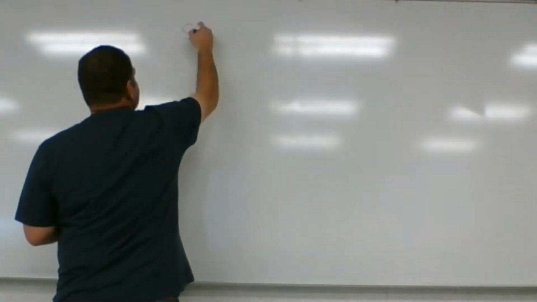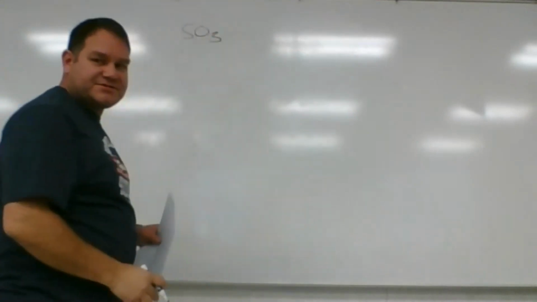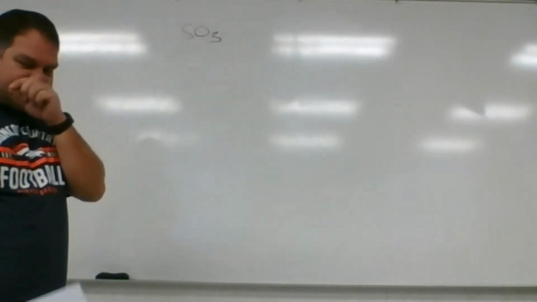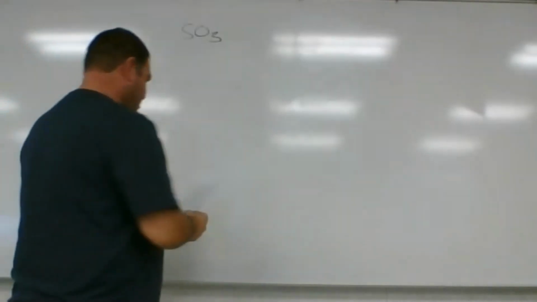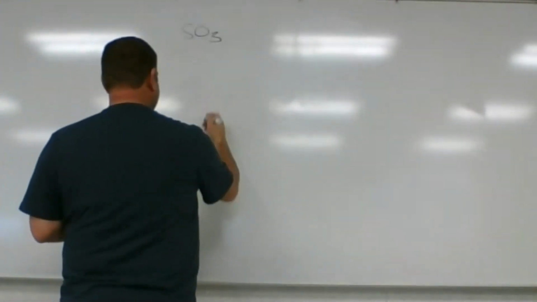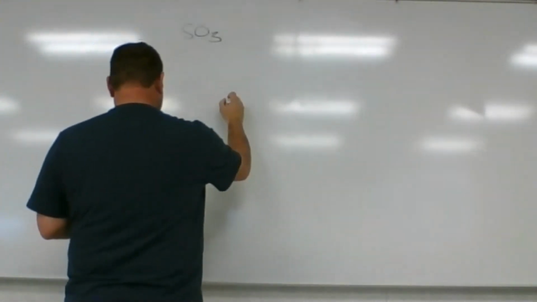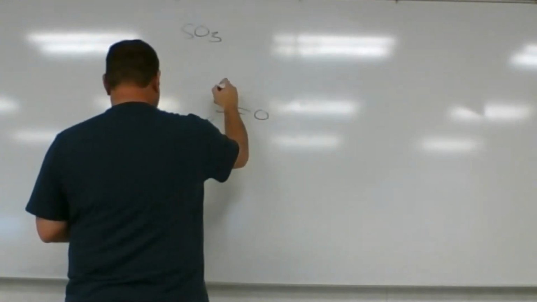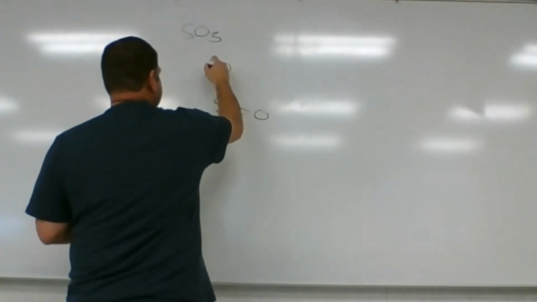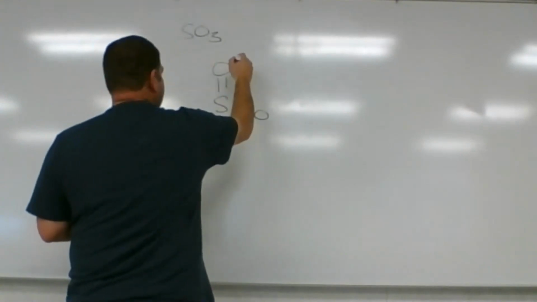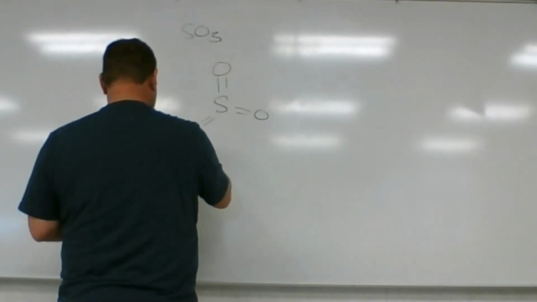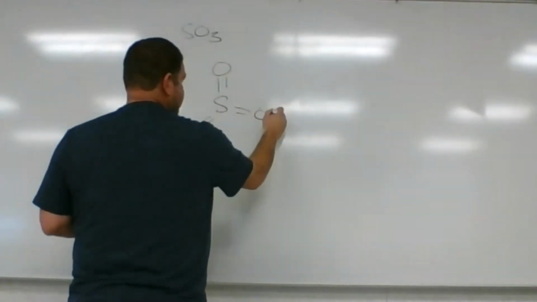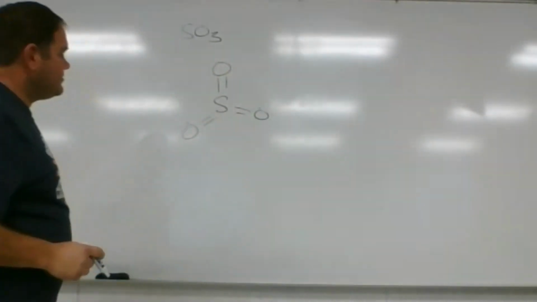All right, SO3. There are several resonance structures that can be drawn for SO3. I'm only going to draw this one here, that we've talked about, and we'll look at what's going on with it.